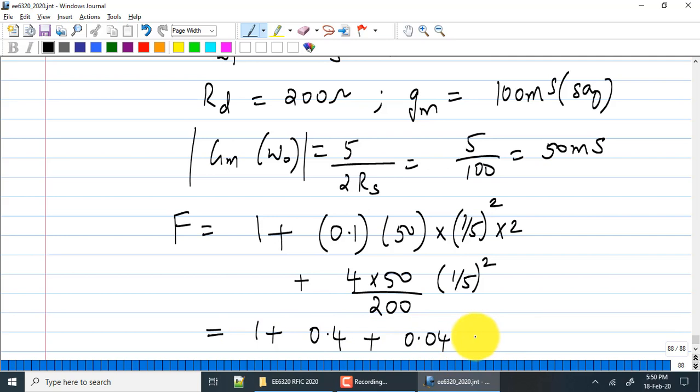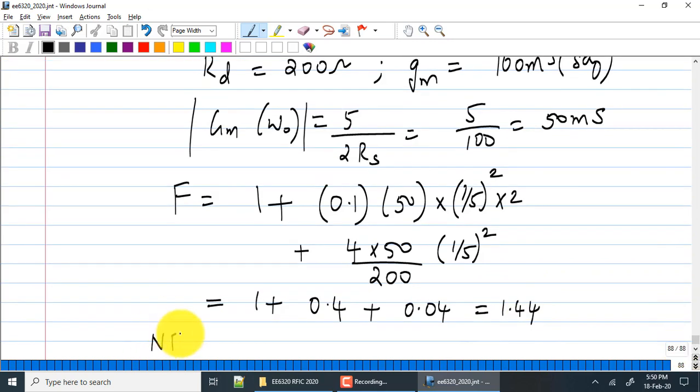Is this right? 1.44? What is noise figure? This works out about 1.6 dB. As you can see, sub 3 dB is very easily achievable. Sub 2 dB also very straightforward.